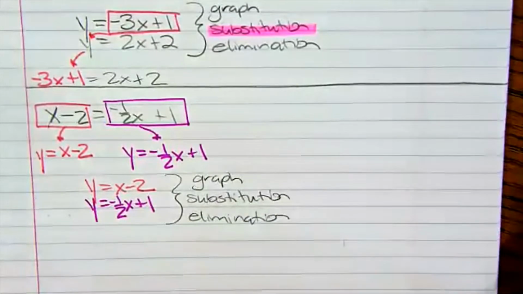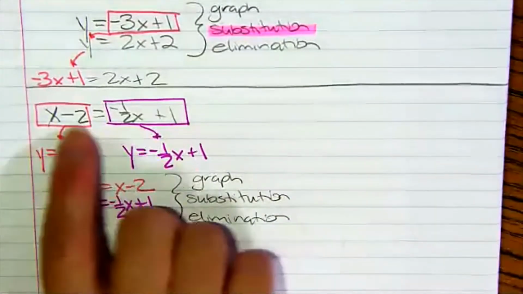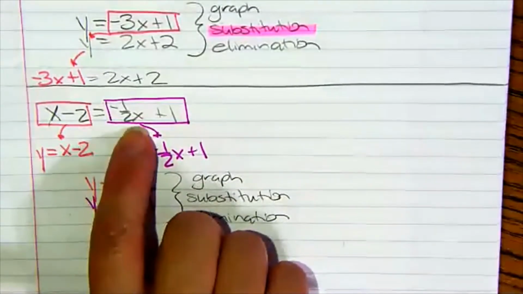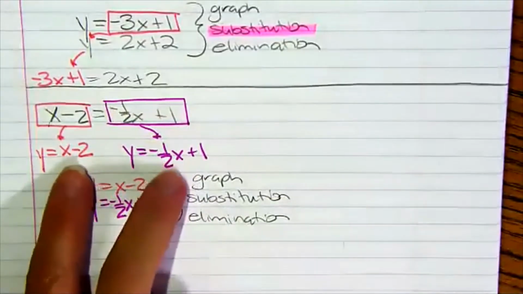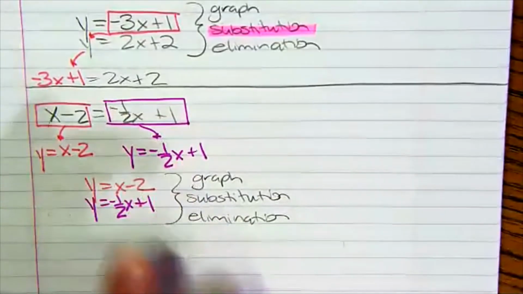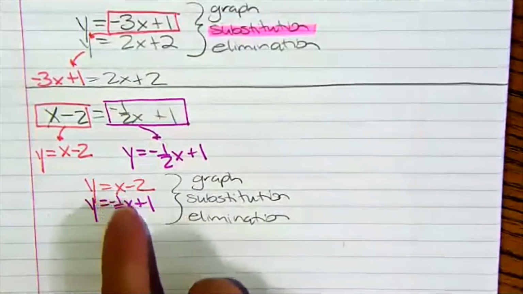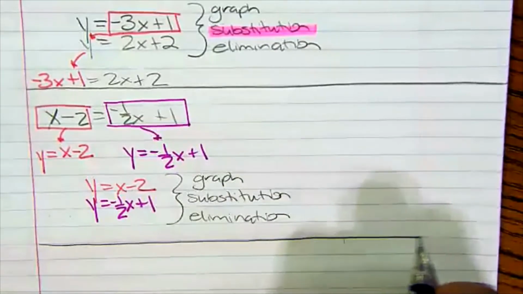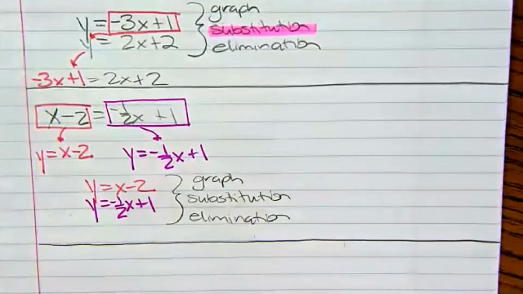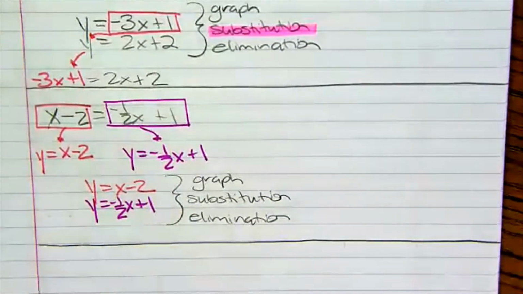So that's what we're going to be doing today. The book is going to be giving us an equation that looks like this, and it's our job to break both expressions down into an equation so that we have a system of equations that we can solve with a graph, by substitution, or by elimination. So let's do another one.